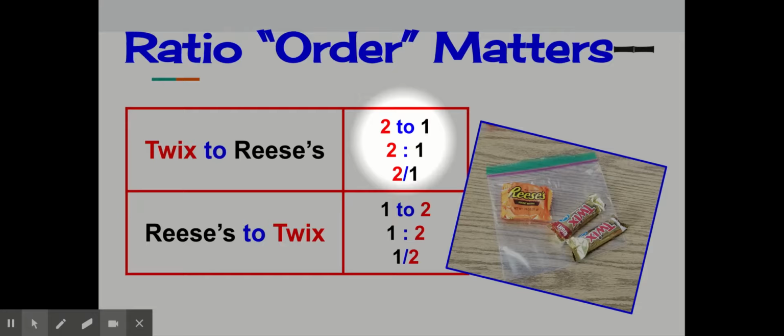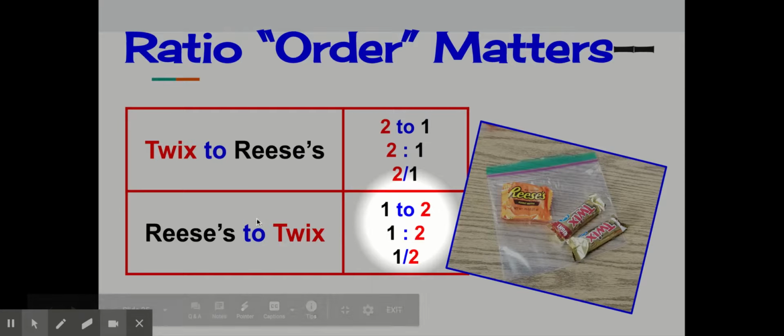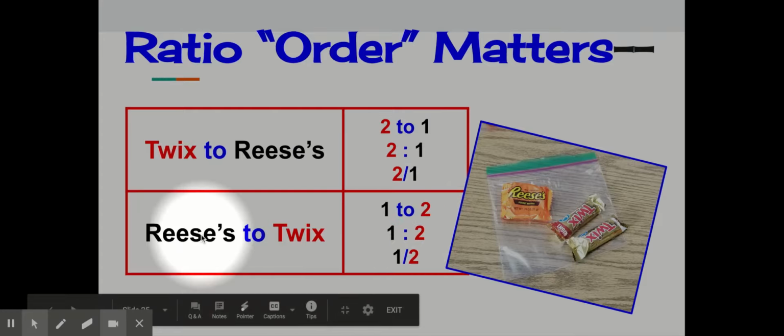We can write it all 3 ways: with the word to, 2 to 1; with the colon, 2 to 1; and with the fraction bar, the division bar, 2 to 1. So there are 2 Twixes in the package for every 1 Reese's. Look what happens down here to our ratios when we switch around the order that we're talking about.